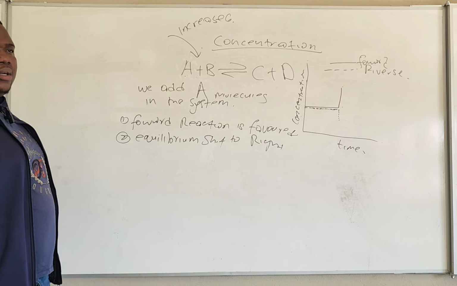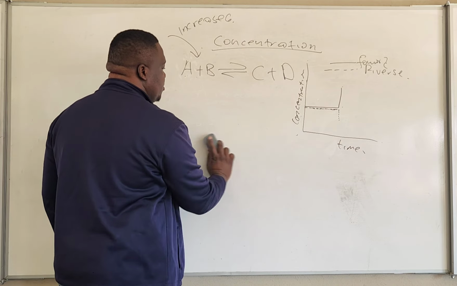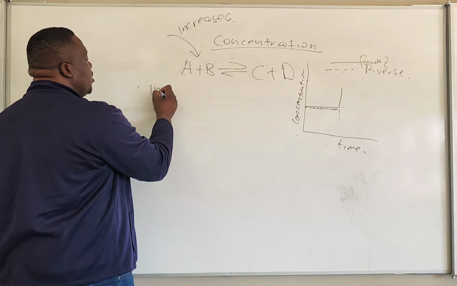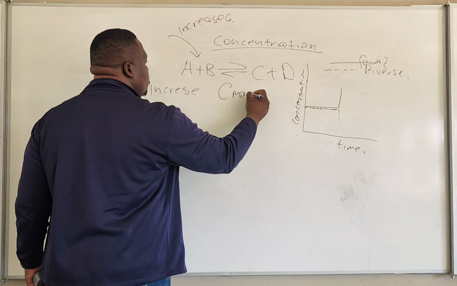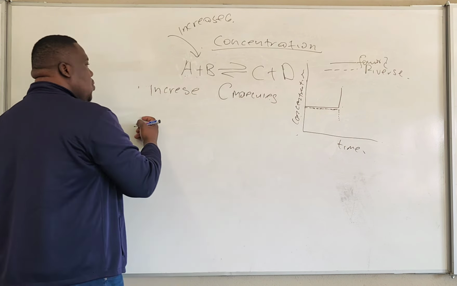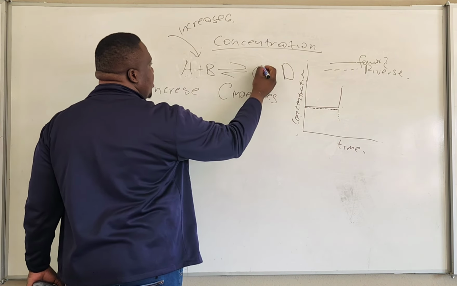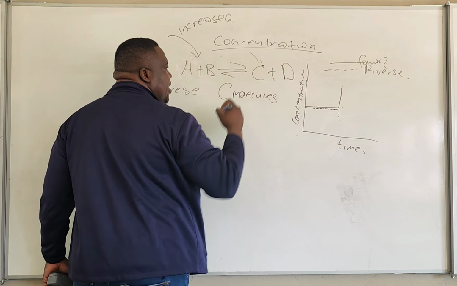Then let us talk about this one. Let's say we increase D. We increase what? Increase C molecules. You see what we did? We increase C molecules. C is a what? C is a product, and this product is formed by converting the reactants.